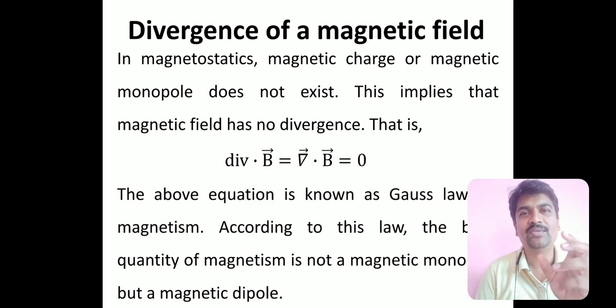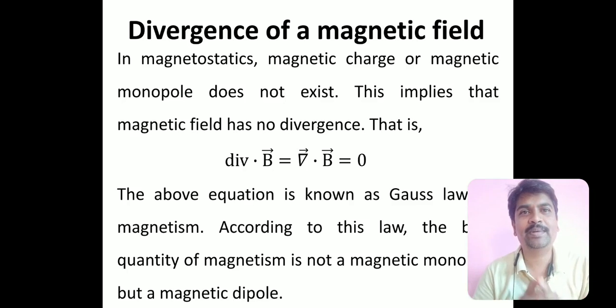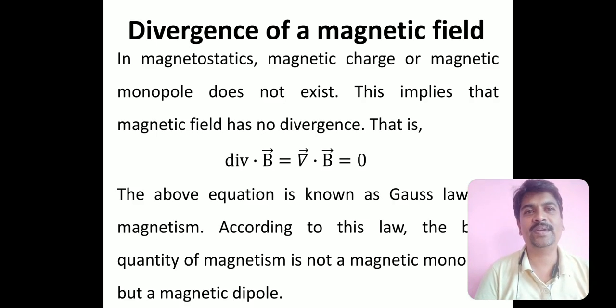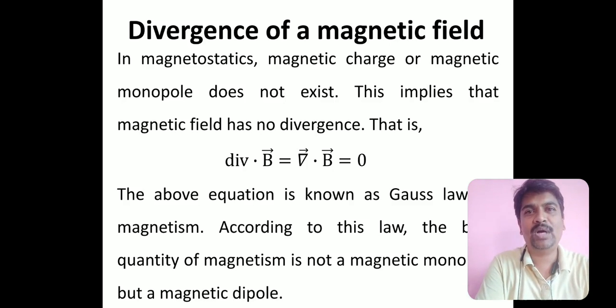You can expect only 2 poles at a time; you cannot expect a single pole or a monopole to exist in the magnetic field. You cannot expect only the north pole, or only the south pole. They exist together. So magnetic monopoles cannot exist, only magnetic dipoles.